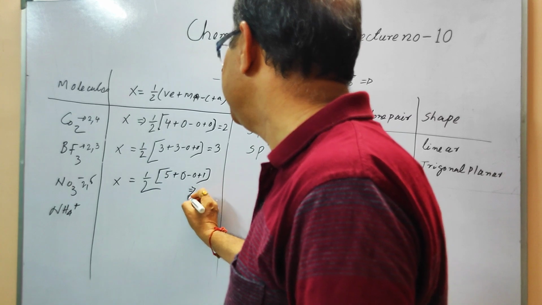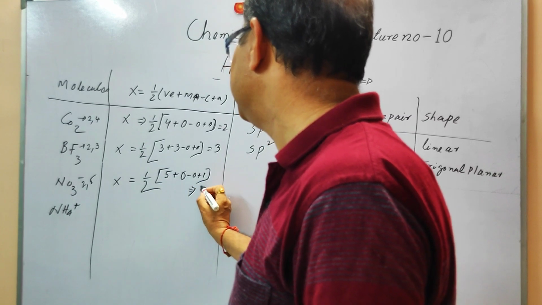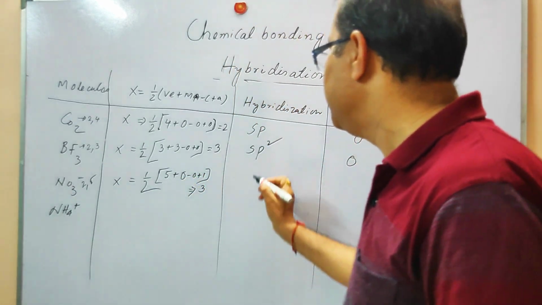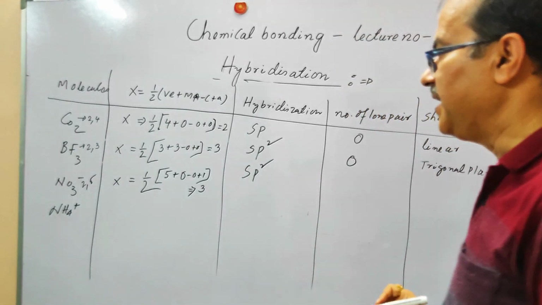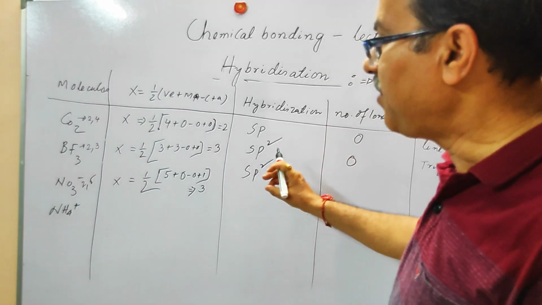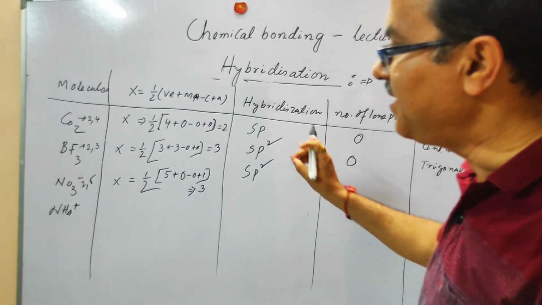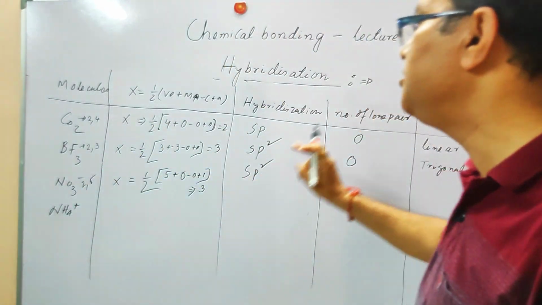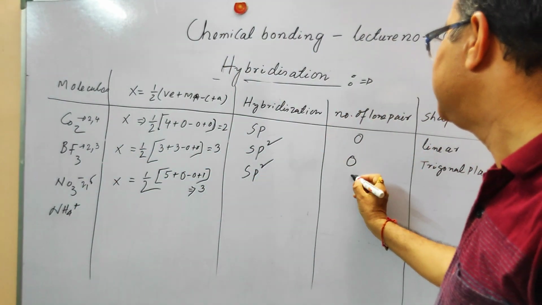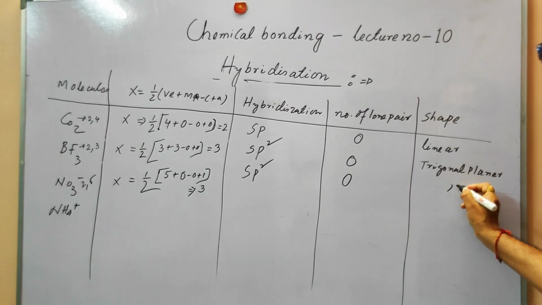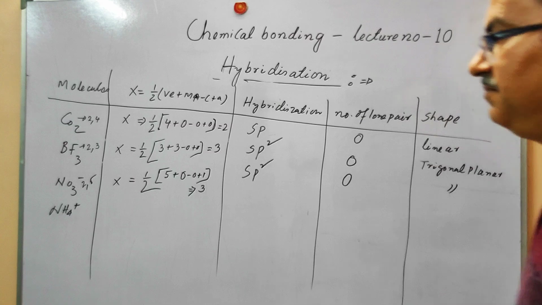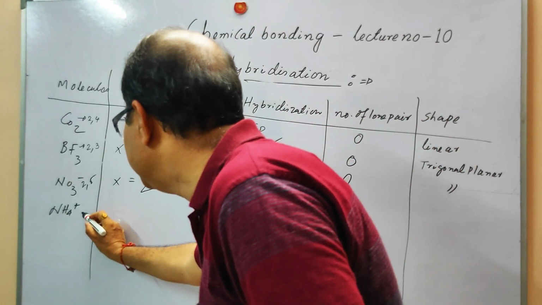So X equals 3, which means sp2 hybridization. Here the number of hybrid orbitals and the number of atoms joined are the same, so there are 0 lone pairs, and it will be trigonal planar as per the hybridization. Here you can see NH4.